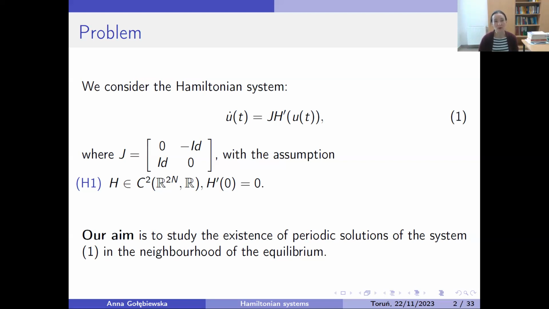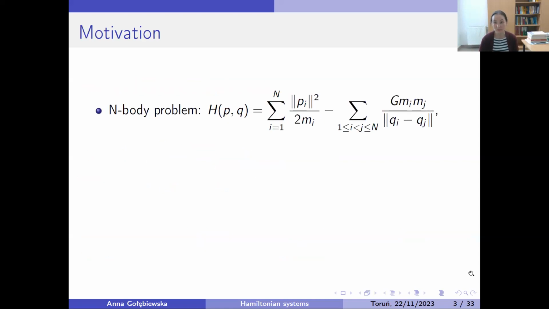Well, first of all, because it's natural. In many natural phenomena, we study periodic phenomena. For example, we want some oscillation, some periodic movements of something. And this comes from motivation, because the motivation for our research comes, in fact, mainly from celestial mechanics.